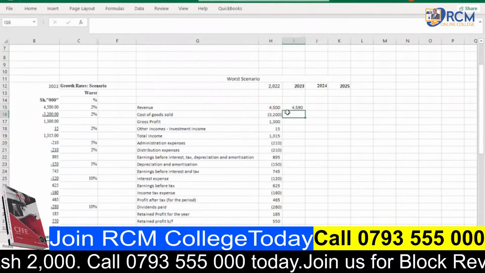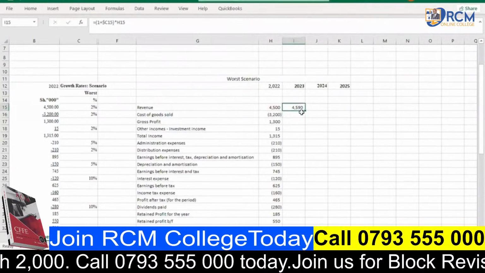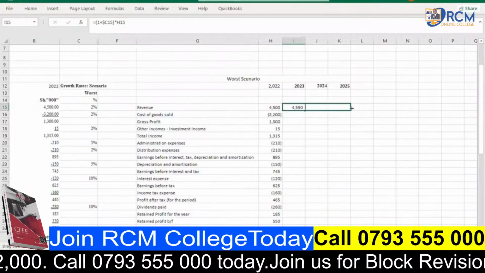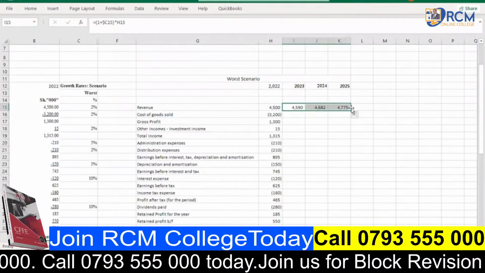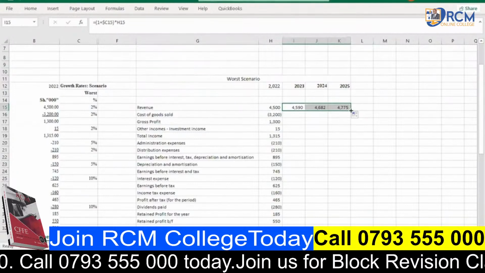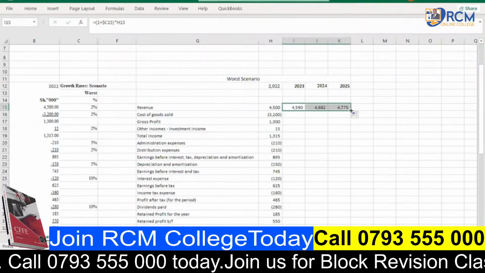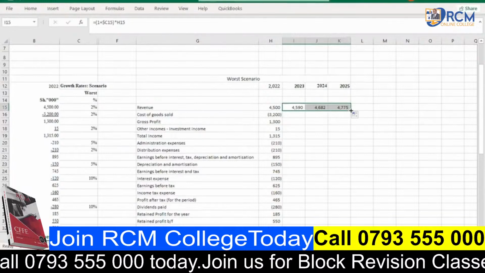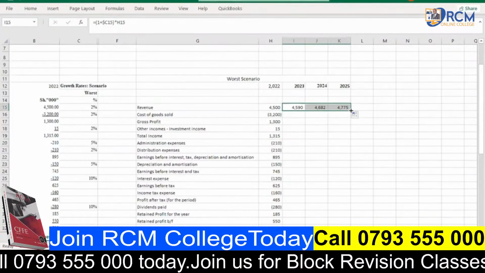Okay, so you enter. Once you do that, you don't need to do any other thing. Just drag it to the right to 2025. Then at the bottom corner here, double click. Then tell me what you are able to see.